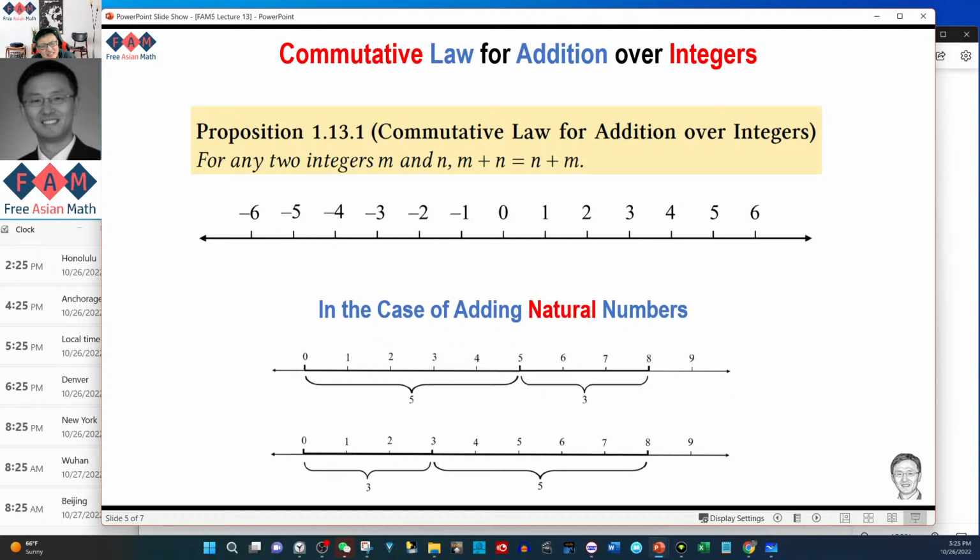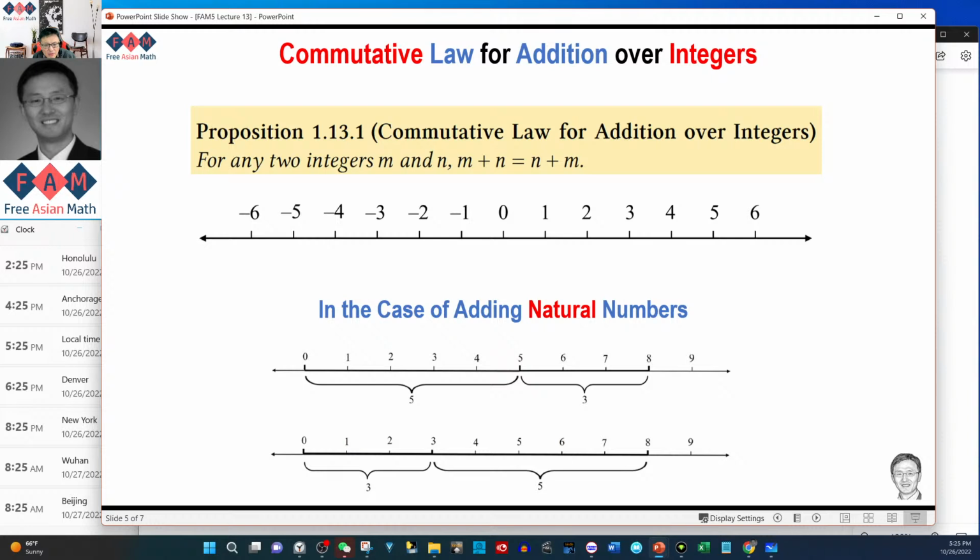And that itself is assumed, okay? But this does give you a very good geometric understanding of why this is true. m plus n equals n plus m. When we combine two line segments, it doesn't matter the order.